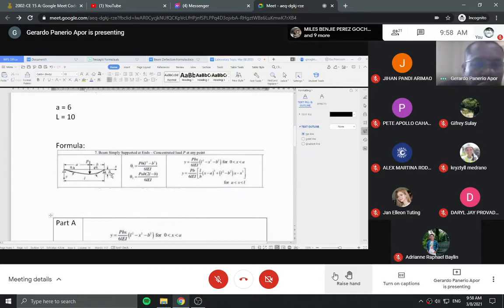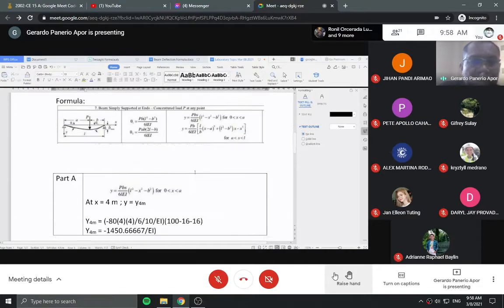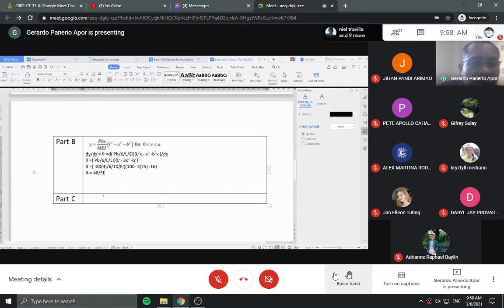So we can use either of these equations and set that to 0. For part C, maximum, all you have to do is understand what the conditions are when maximum deflection exists. Maximum deflection is when theta is equal to 0.